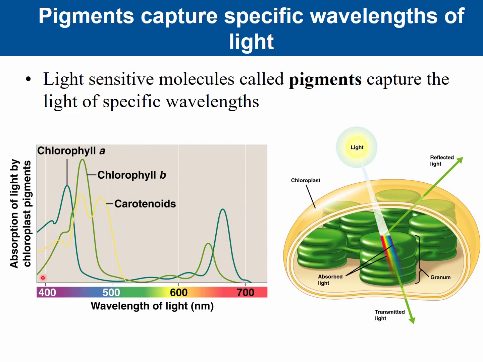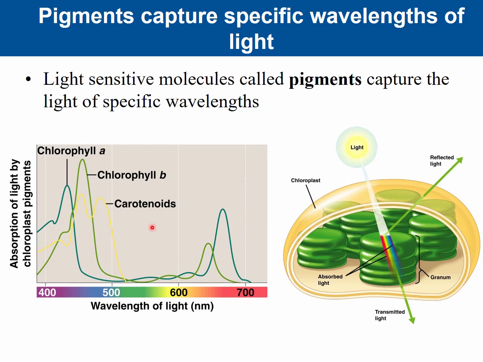If we look at chlorophyll B, notice it absorbs some of the violet, indigo, blue, and then over here some of the yellow and some of the orange. The carotenoids, which are accessory pigments, absorb purple, blue, and some green, but reflect the warm colors of light.